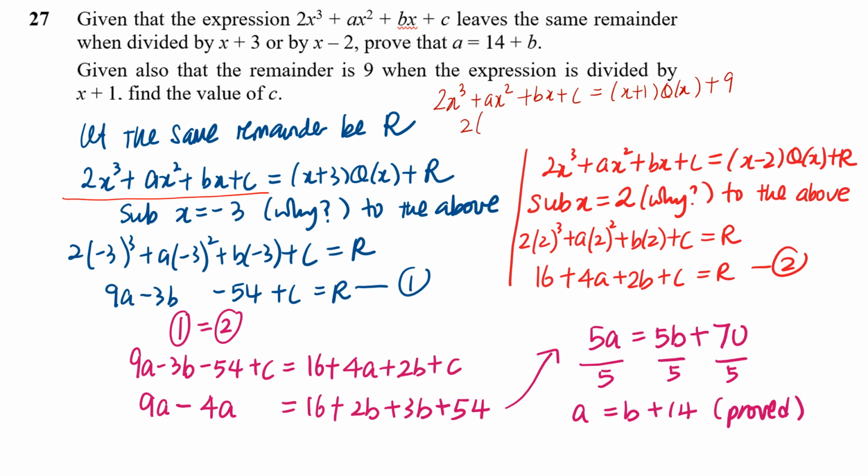So I would have 2 bracket negative 1 to the power of 3 plus a negative 1 squared plus b negative 1 plus c equals to 9. Okay, let's try to simplify it. No space. I'm going to write it here. So negative 2 plus a minus b plus c equals to 9.